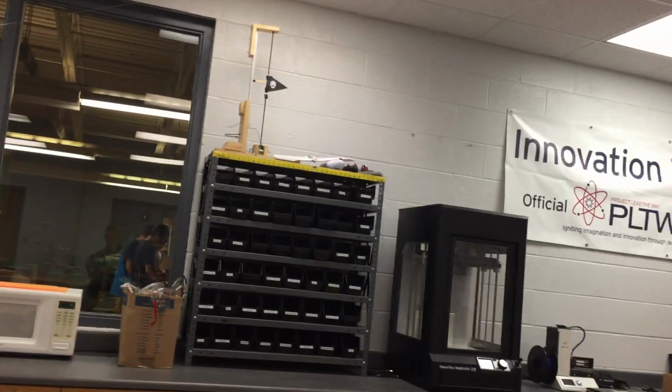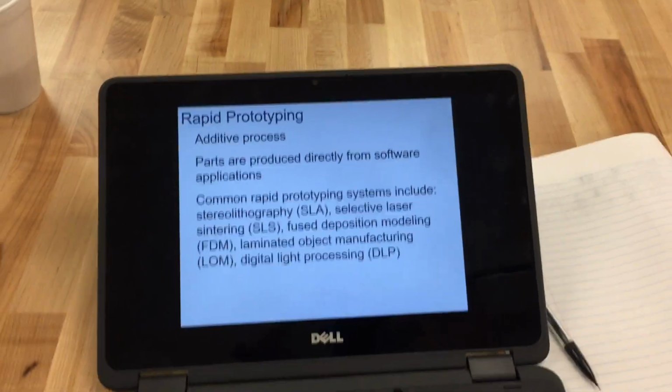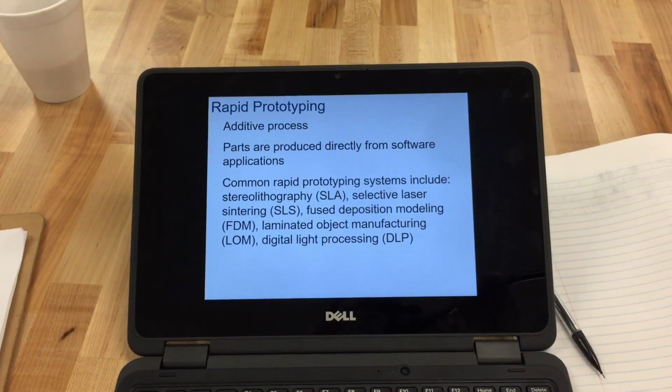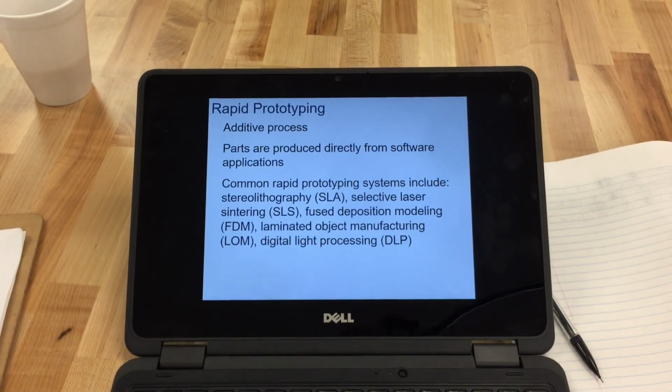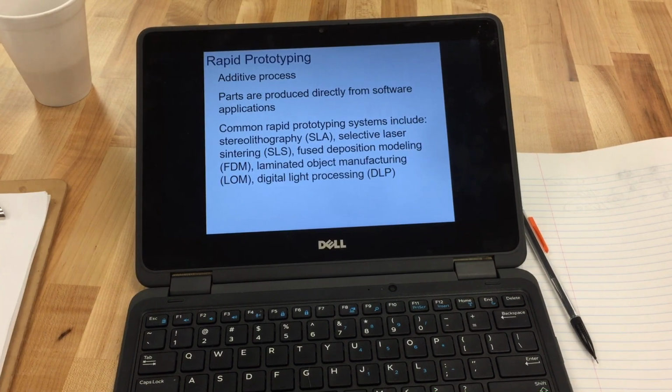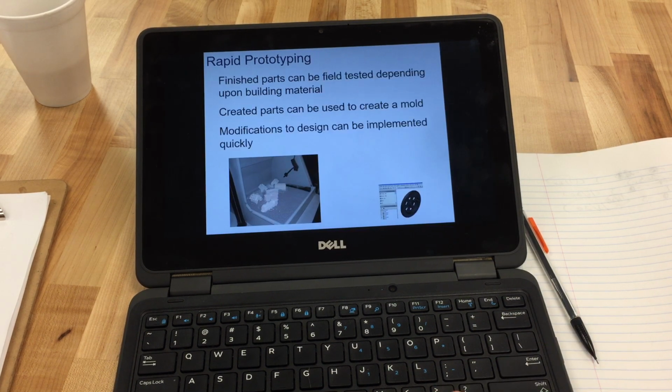Both use PLA, which is polylactic acid, filament. You could use others, such as ABS, but ABS is more expensive and requires heated beds. So for simplicity's sake, we use PLA in this classroom. There's other ones too out there.